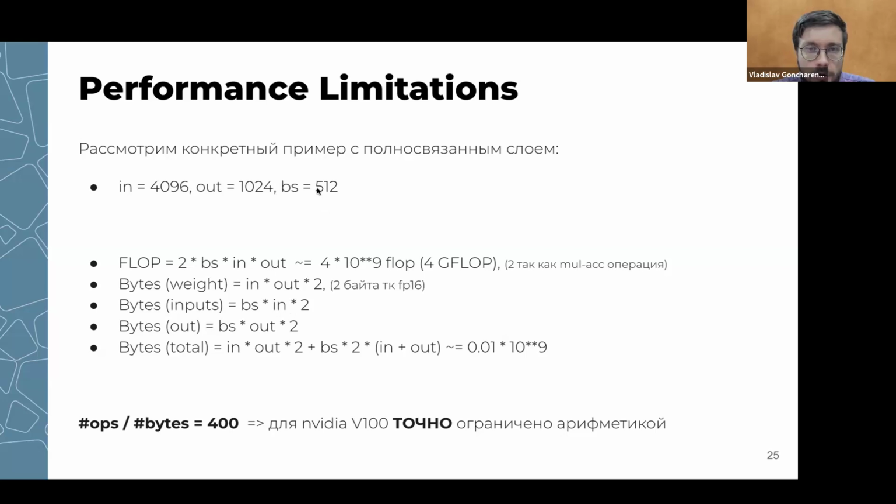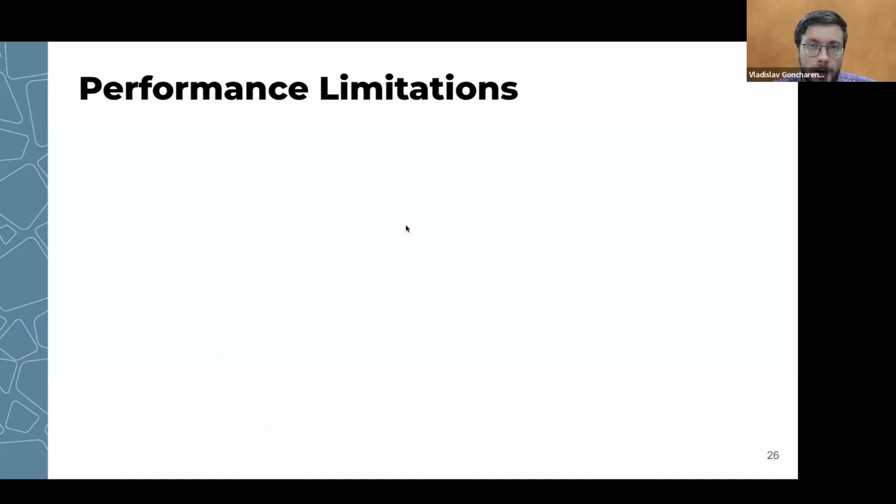In that situation, you can even make the batch size smaller, if you need it for any reason, without sacrificing efficiency. And that's why contemporary neural network architects, so researchers, prefer bigger layers, because they use hardware better.